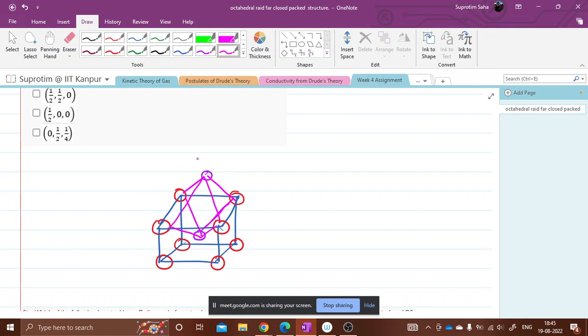So this is your simple octahedra, and the octahedral void will be at the center of this top face, which is half half 0.